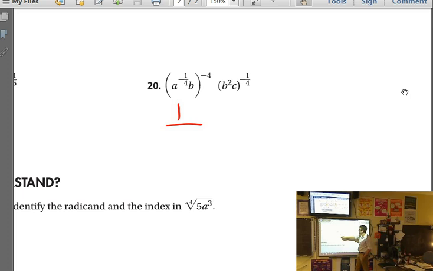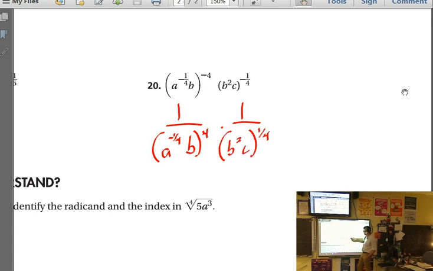I can just make this 1 over a to the negative 1/4, or sorry, now that would be positive, b squared c to the 4th. That's negative 1/4, right? Yes, so this becomes 1 over b squared c to the 1/4.